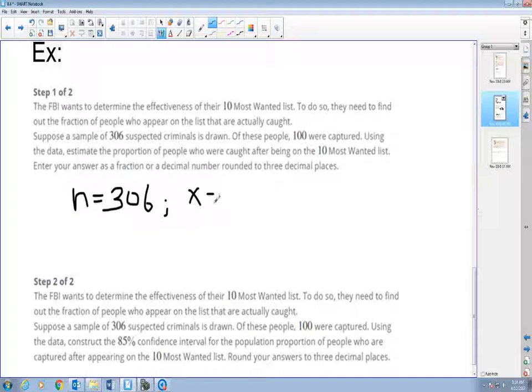So my X, the number of people with the same characteristic, which is being caught, is 100.